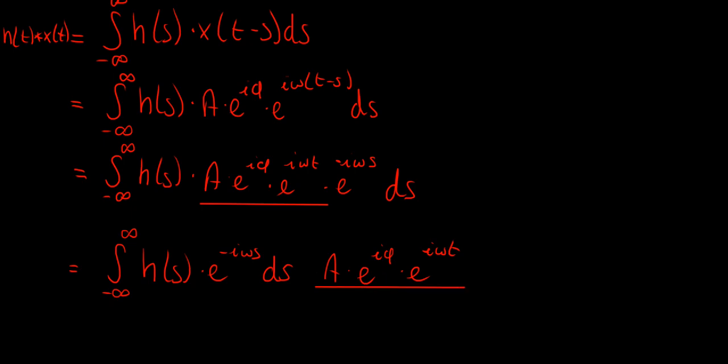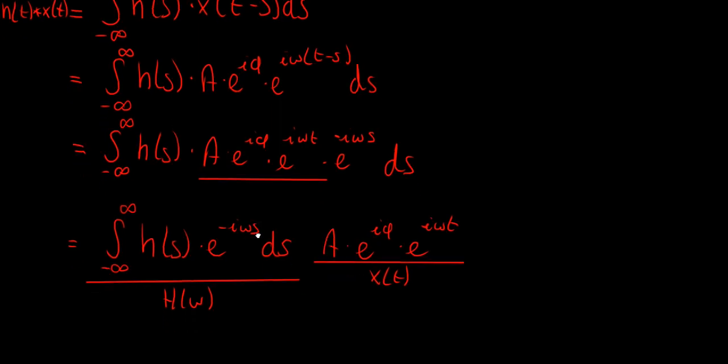But this is actually our original input again. And this is actually our impulse response rewritten into the frequency domain, because right now we have something with an omega, a frequency, in there.